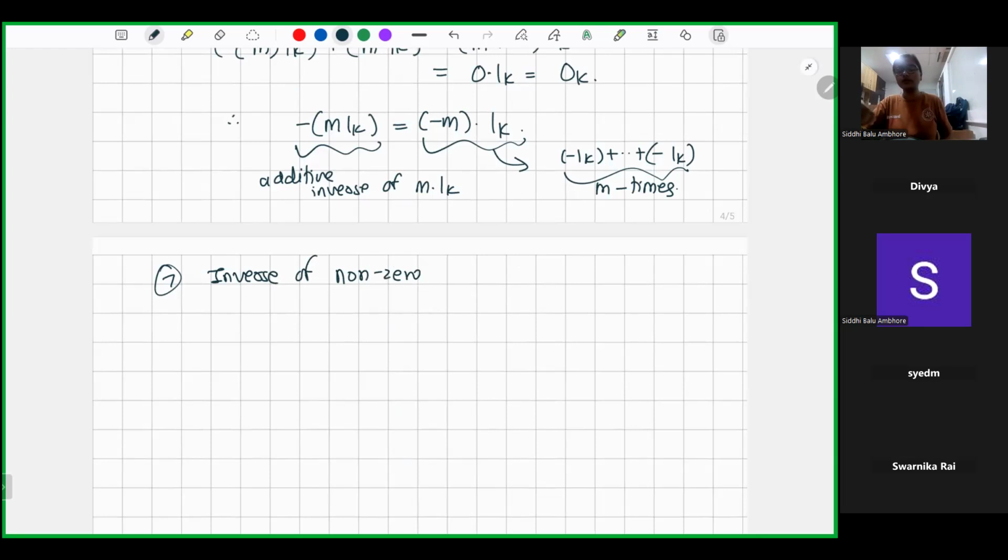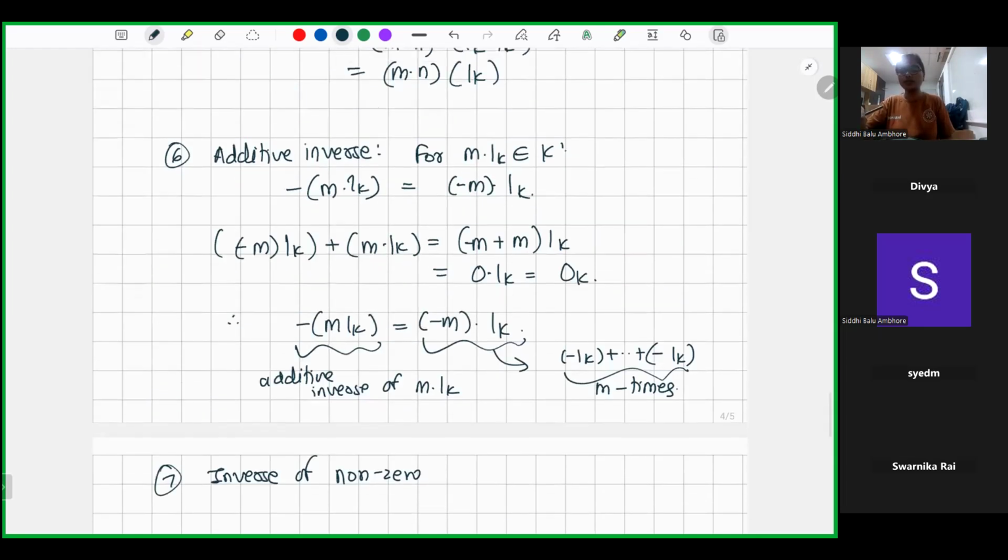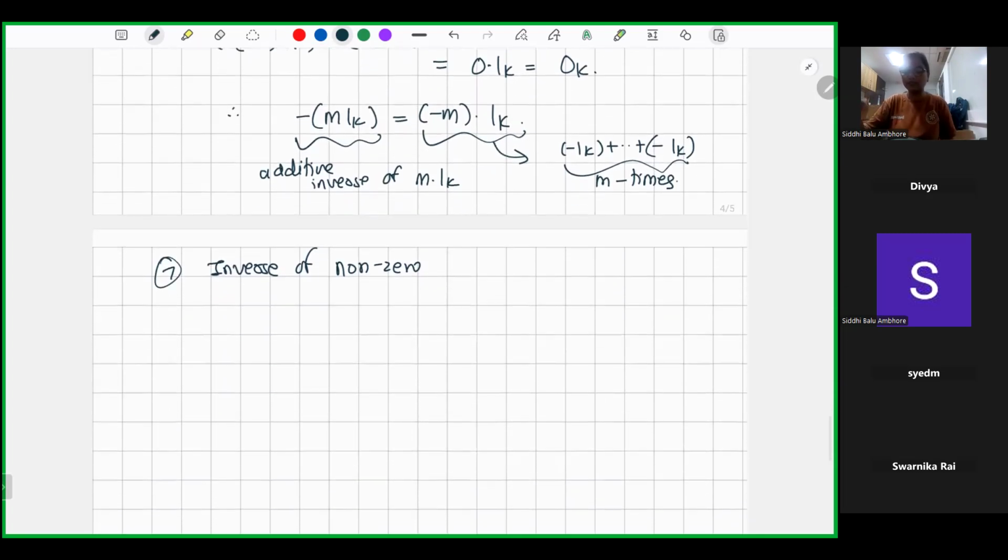So far, whatever we proved, we nowhere used that our field k is finite. But this is the first time where we will be using that. So the inverse of non-zero elements in k dash. The inverse will be there in k because k is a field, but now we have to prove that the inverse exists in k dash itself.